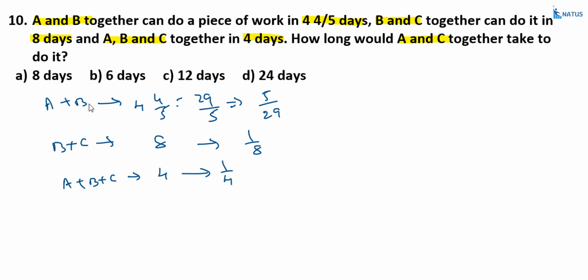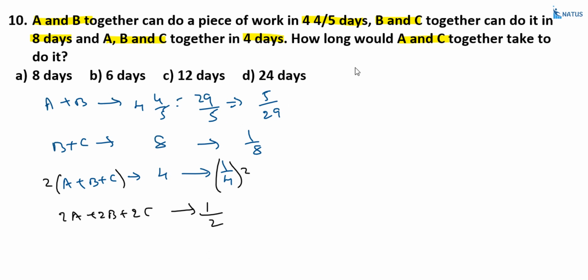Now, 2 B's are there. What we require is either A and C. So you will multiply this one with 2, and at the same time multiply this number also by 2. Now, 2A plus 2B plus 2C can complete the work in how many days? That is equal to 1/2, 2 days.